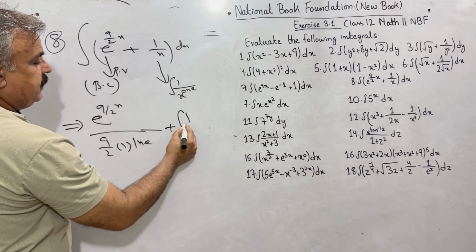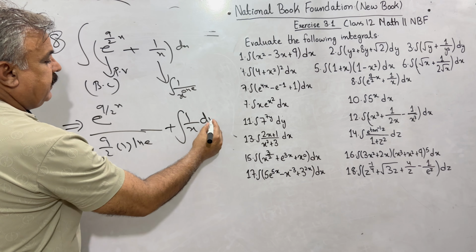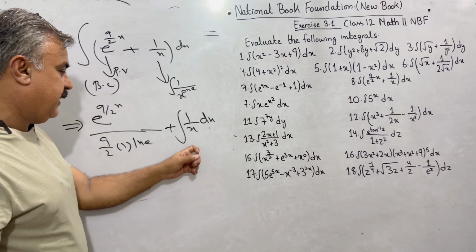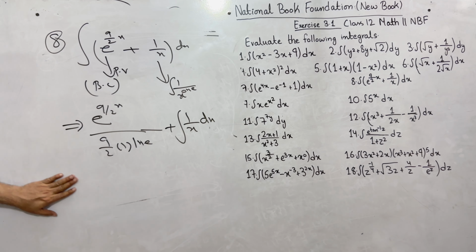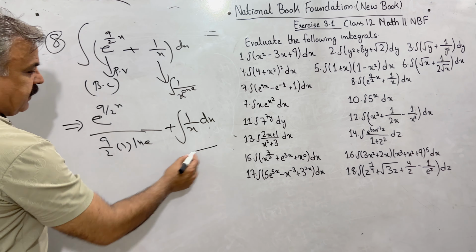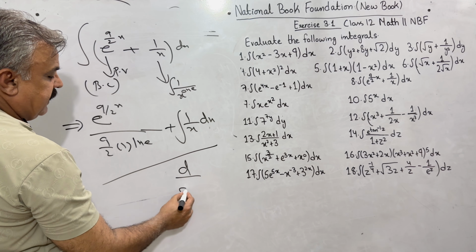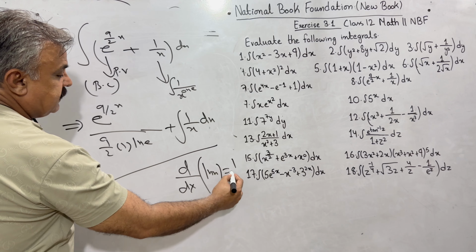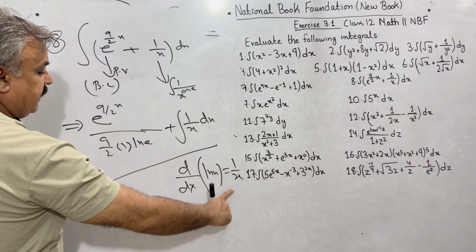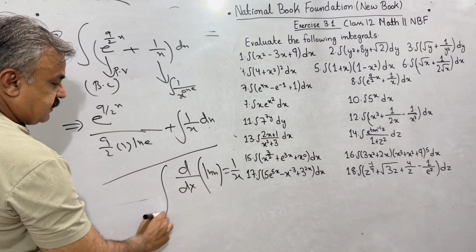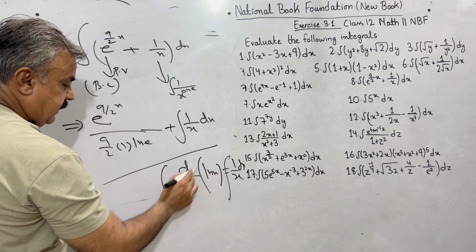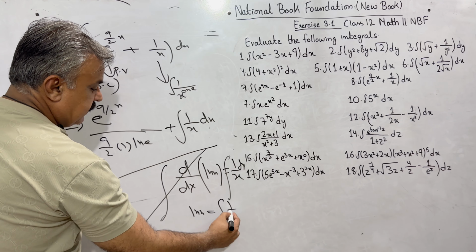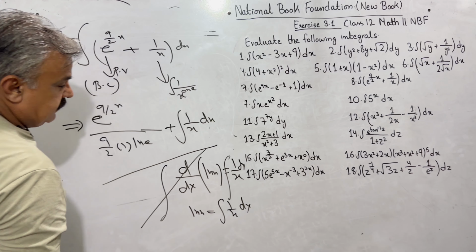Here we are about to discuss why we cannot shift to x raised minus 1 and add 1. Why? The simple fact is, just have a look at the differentiation of ln x. What is the differentiation of ln x? It is 1 over x. Taking integration on both sides, derivative and integration cancel, and we have ln x as the integration of 1 over x dx.